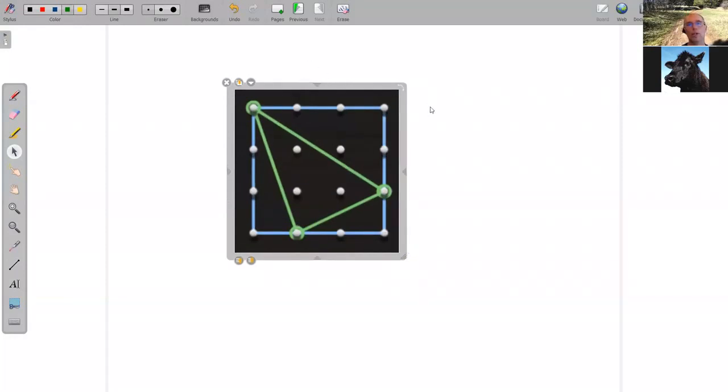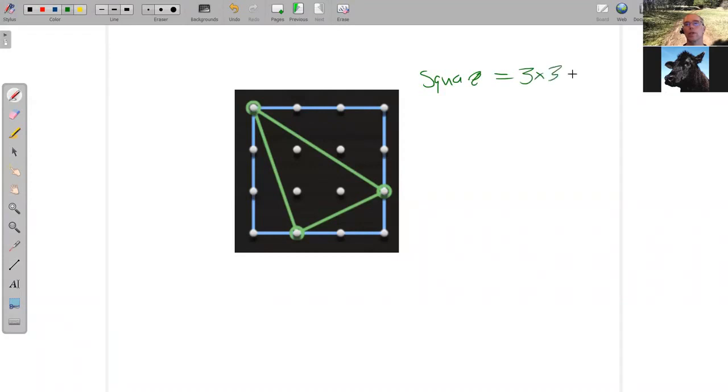What do we get here? We're starting with 3 times 3, or 9. And then we want to remove this triangle up here, which is 2 by 3. So we want to subtract 1/2 of 2 times 3, which gives us 3 to take away.